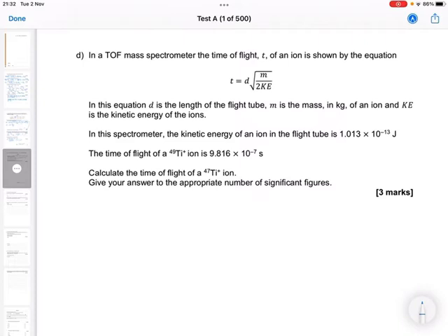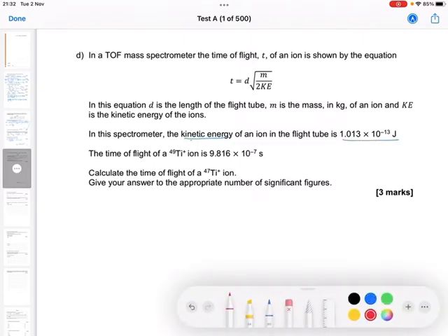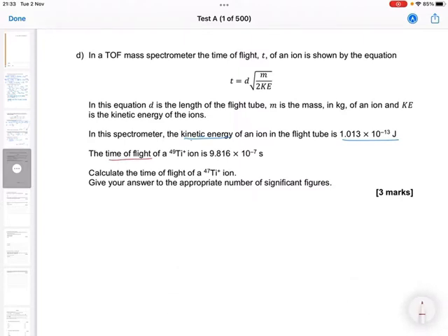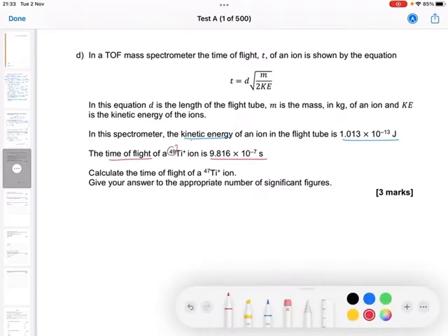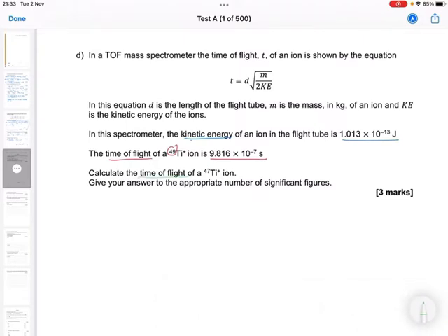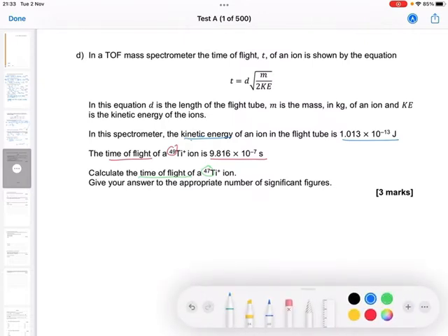In this spectrometer, the kinetic energy of an ion in the flight tube, so this is the kinetic energy. The time of flight of 49 is this, and we are asked to calculate the time of flight of the 47. So very simple formula that we can use here.